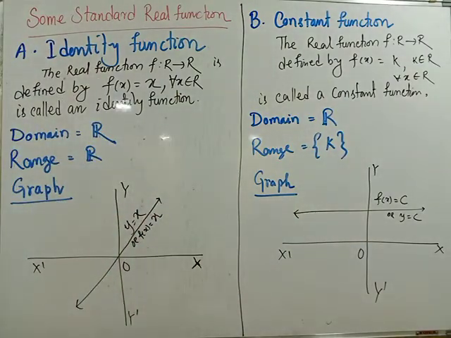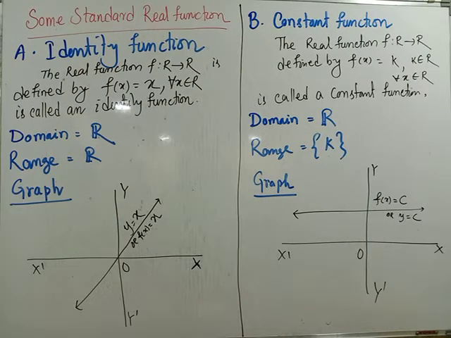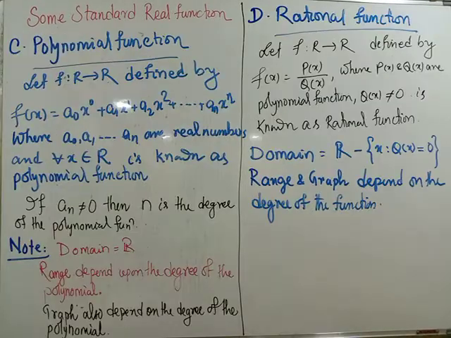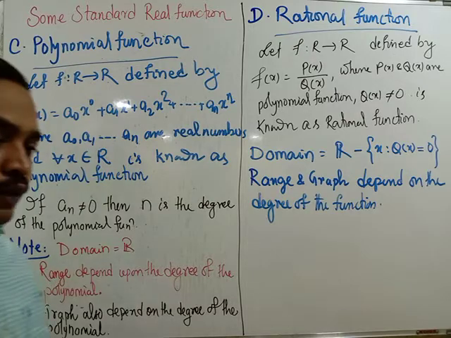And next we will discuss the polynomial function. I know you have studied polynomials in your earlier classes, in class 9th and 10th. What is a polynomial? As we studied at that time, it is an algebraic expression in which the variable has a whole number exponent.